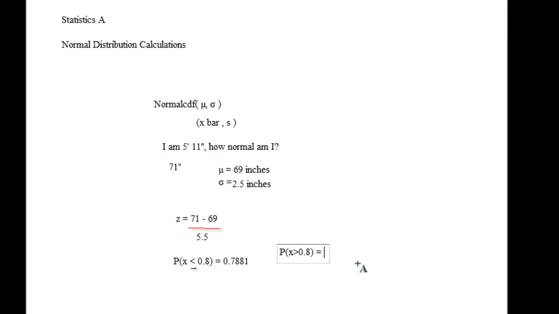That would be the same as 1 minus the probability of x being less than 0.8. You have to understand it's a complement and you have to calculate it as such.